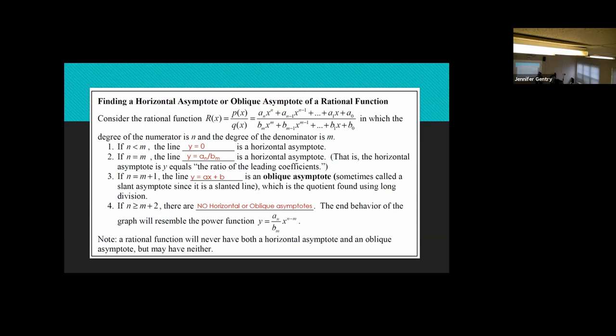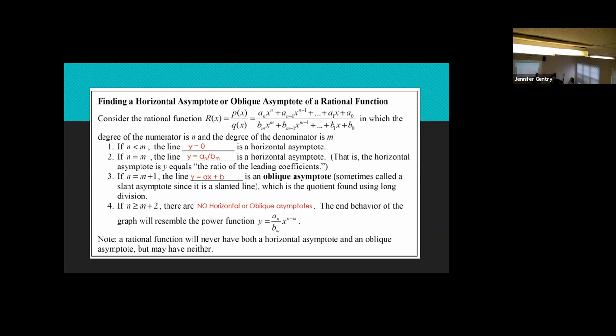That's what that note says. But you can have a situation where you have neither. So it's none, one, or the other. It's never both. Does that make sense? Because you can't have an asymptote like this if you have one like this. It's not going to happen. Does that kind of make sense?